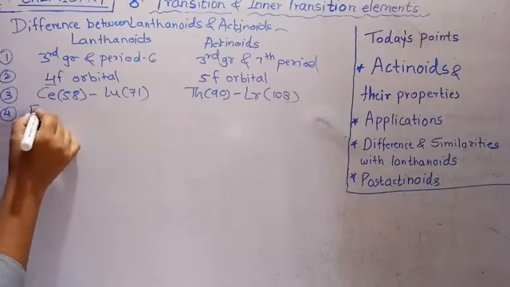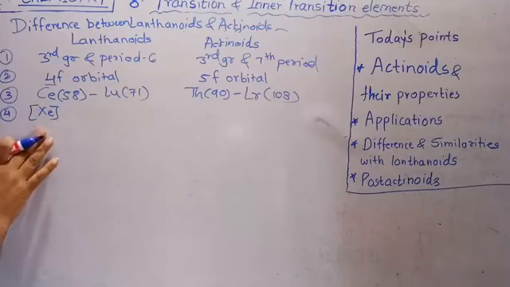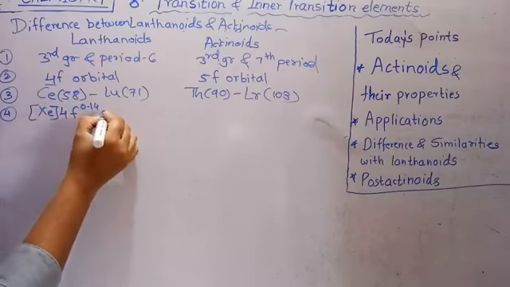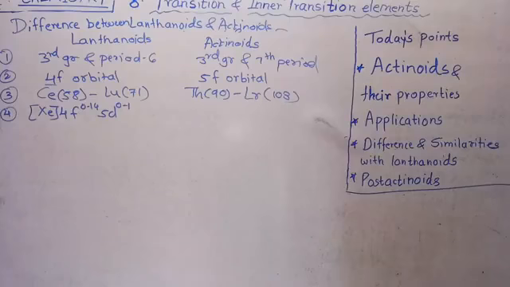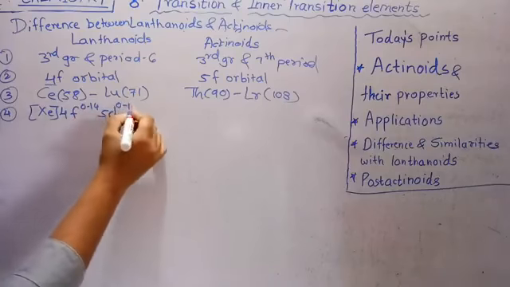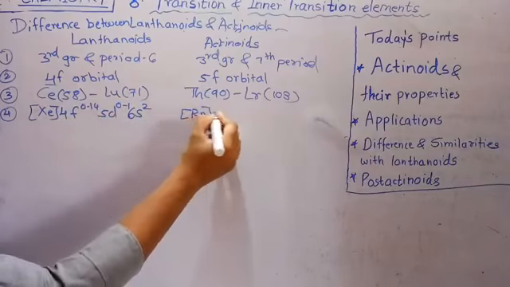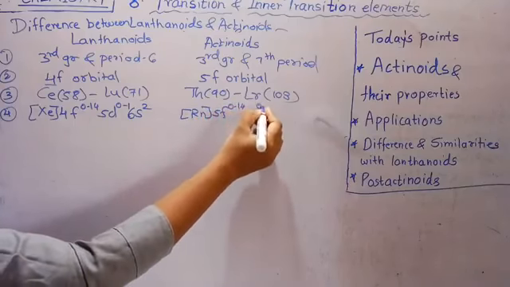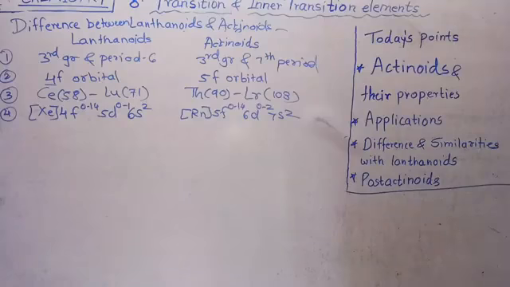For lanthanoids, you write xenon core, then 4f 0 to 14, 5d 0 to 1, 6s2. And for actinoids, you write radon core, 5f 0 to 14, 6d 0 to 2, 7s2. That is the difference.